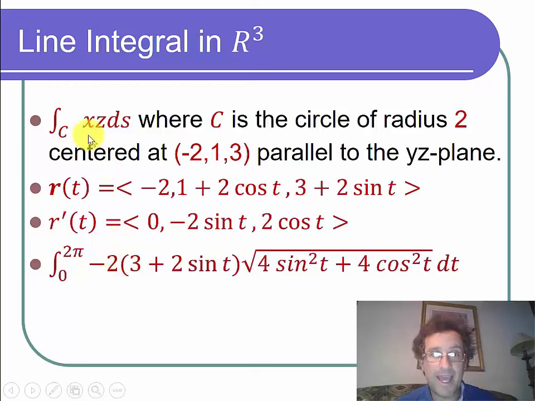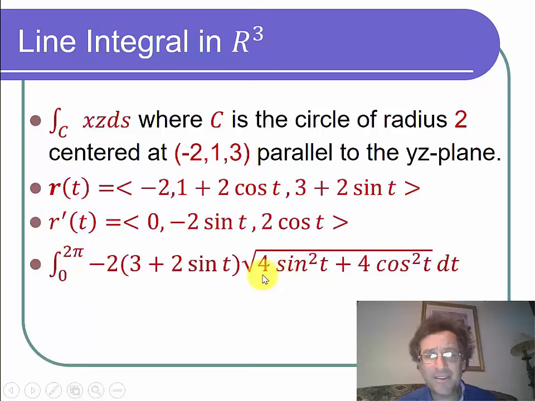We have x equal to -2, so we have -2 times z, which is 3 plus 2 sine of t, times the magnitude of r prime. Well, 0 squared is 0, (-2 sine t) squared is 4 sine squared t, and (2 cosine t) squared is 4 cosine squared t.